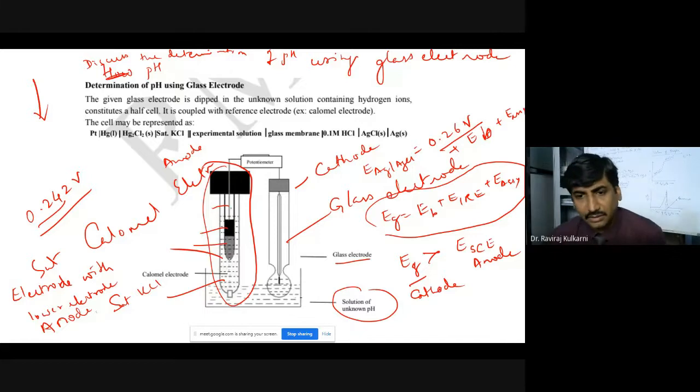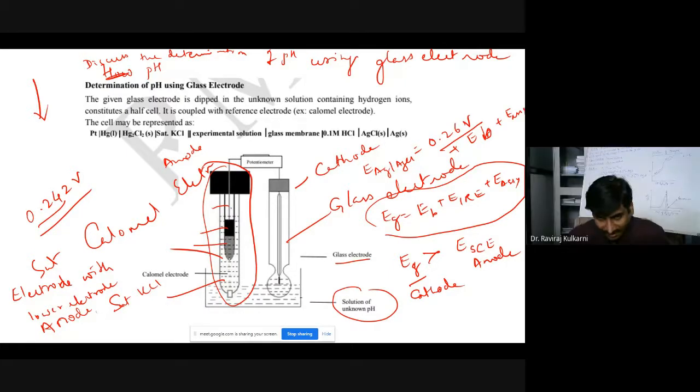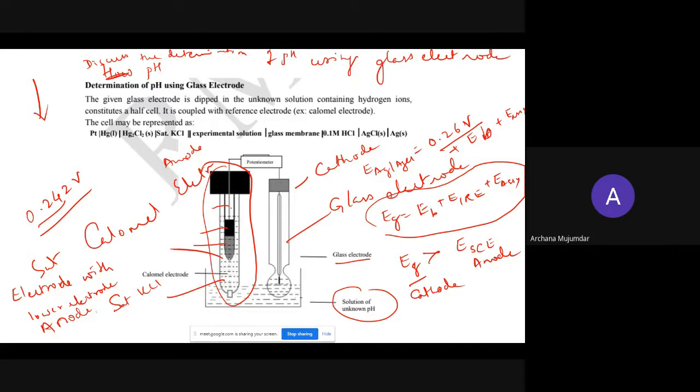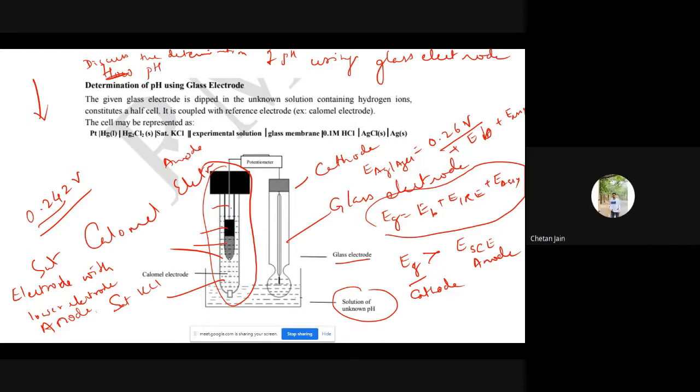One question I'll ask. The electrode potential of zinc electrode is minus 0.76. The electrode potential of copper electrode is plus 0.34. Which acts as anode and which acts as cathode? Zinc acts as anode because it has got lower electrode potential, and copper acts as cathode because it has got higher electrode potential.